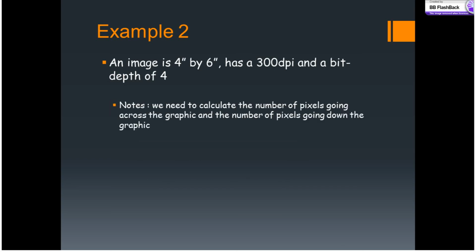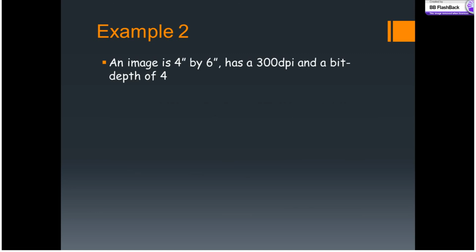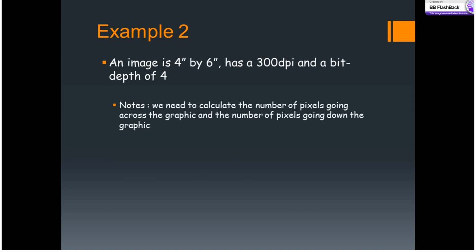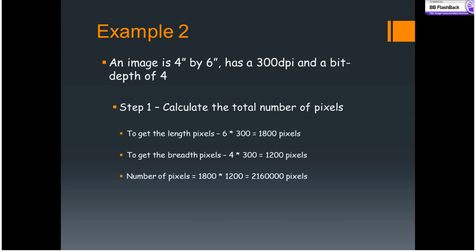Sorry, I jumped way ahead of myself. I do apologise. So here we go. To calculate the total number of pixels, to get the length pixels, we multiply 6 by 300 and we get 1800.